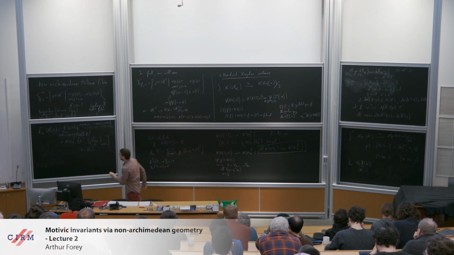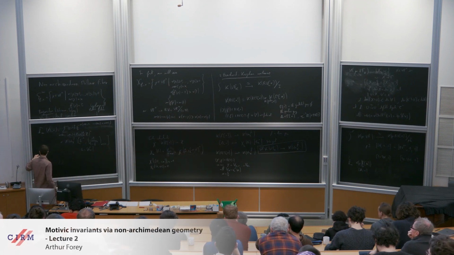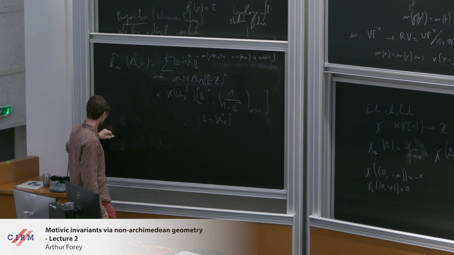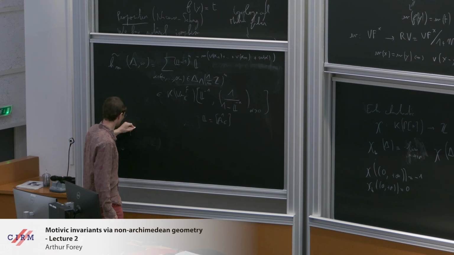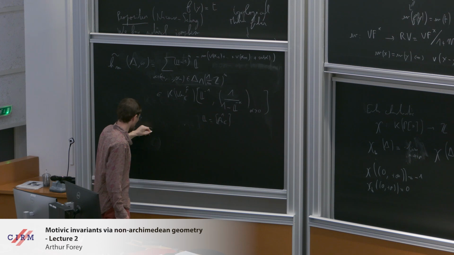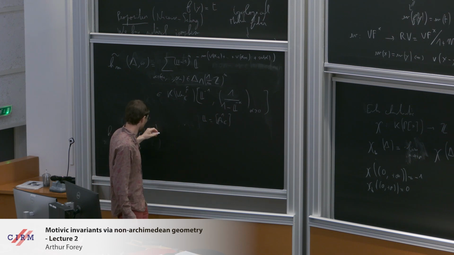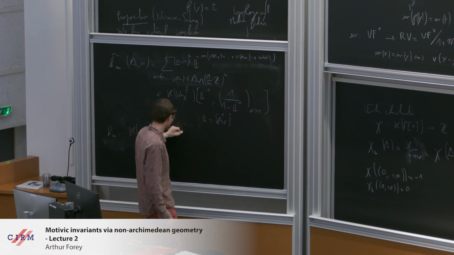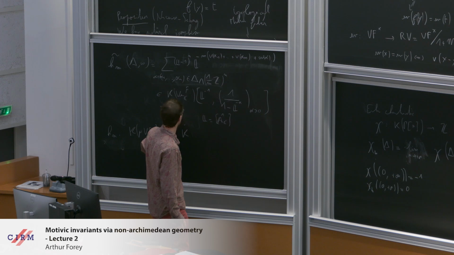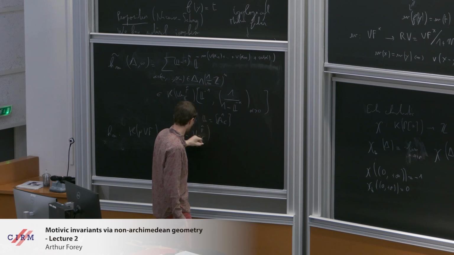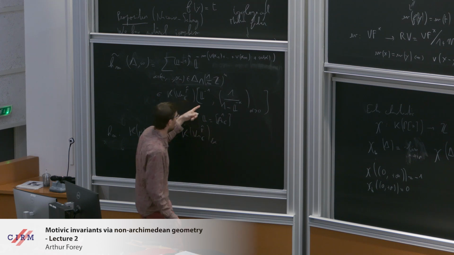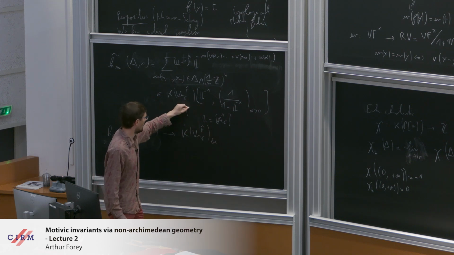And so this way, you define a map composing everything. You define a map h m from the Grothendieck group of VF with volume form to this Grothendieck group of varieties over C, which I will call loc because I have this localization.